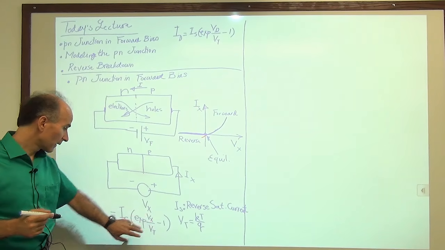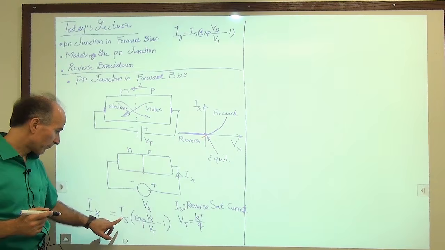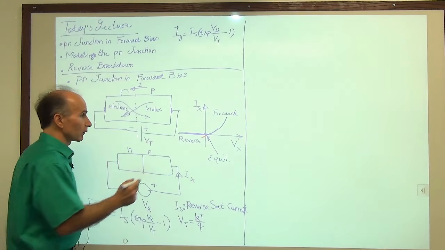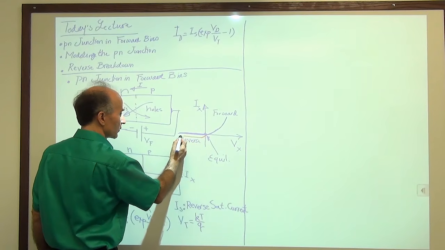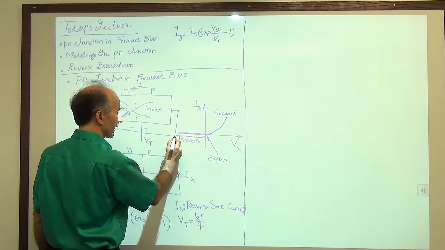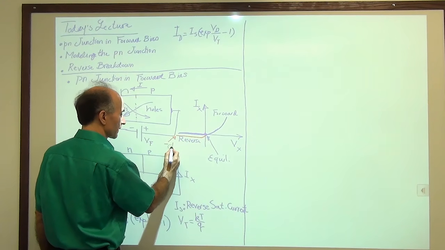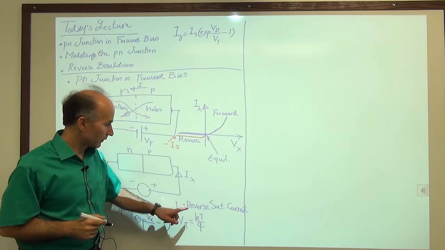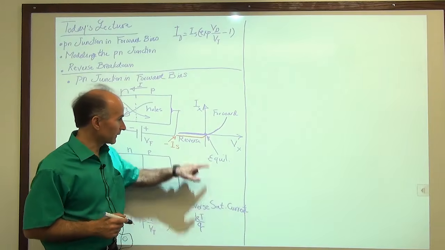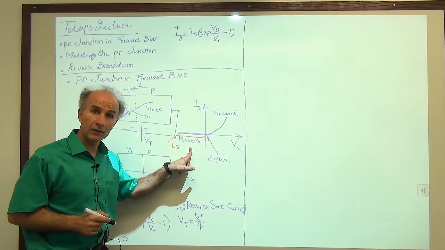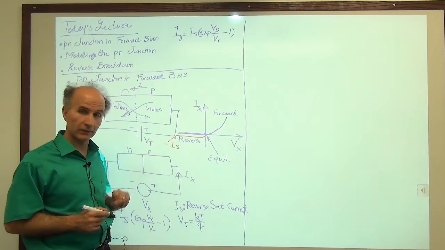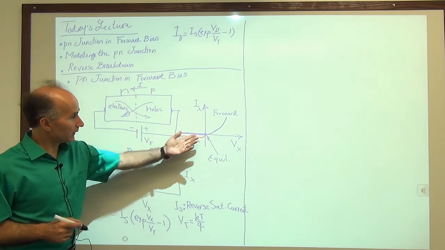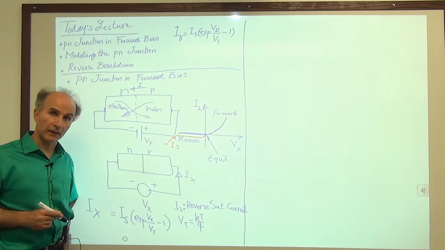That means that Ix approaches minus 1 times Is. So for very negative voltages, we just have this. And this value is equal to minus Is. And that's why we call this the reverse saturation current. It has saturated in the reverse condition to this value, minus Is. All right, so this is what the general characteristic actually looks like.